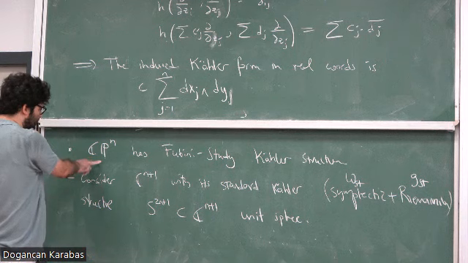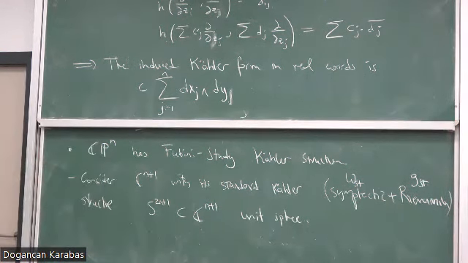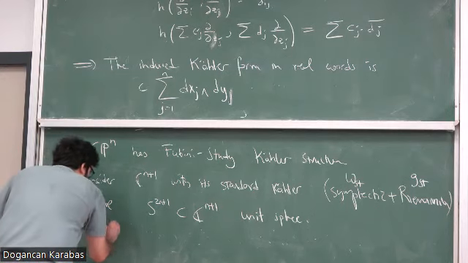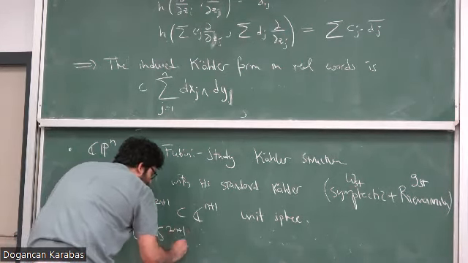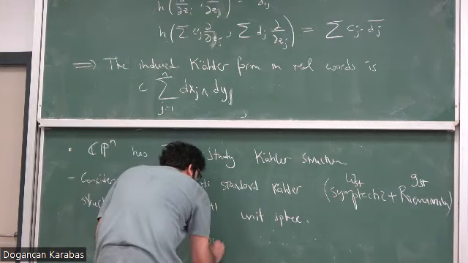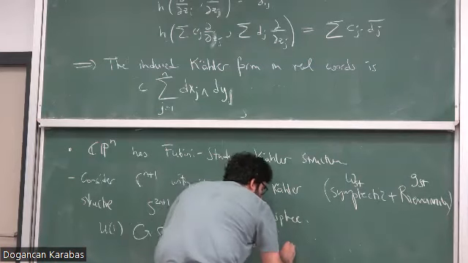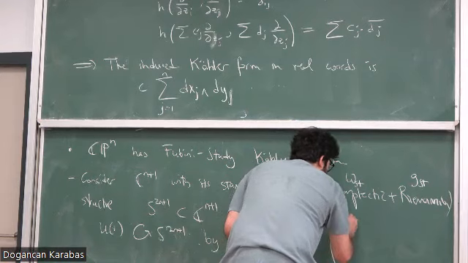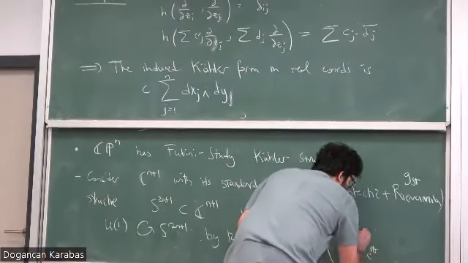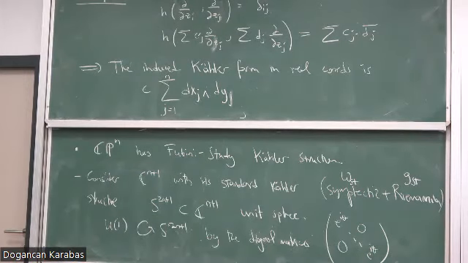And I know that CPn is nothing but a quotient of this unit sphere by a circle action. Which circle action? U1, the circle, acts on S2n+1 by diagonal matrices, e to the i theta on the diagonal. So it just multiplies every coordinate by e to the i theta.